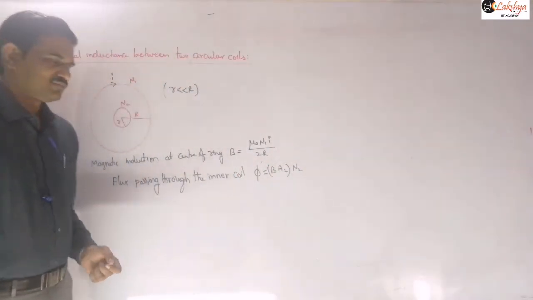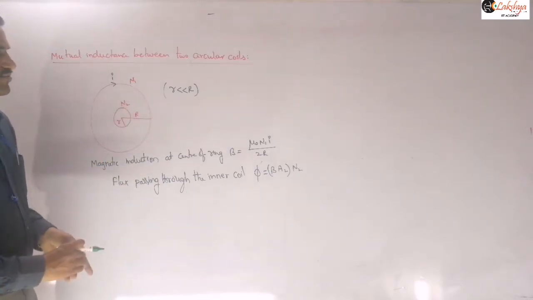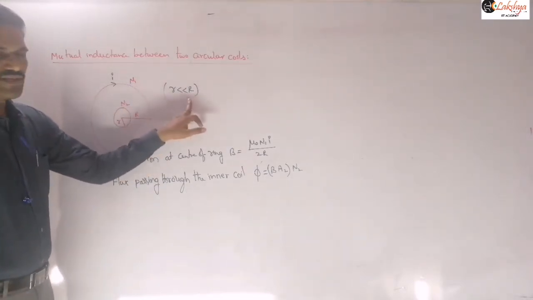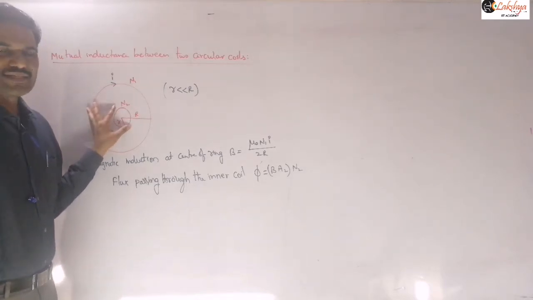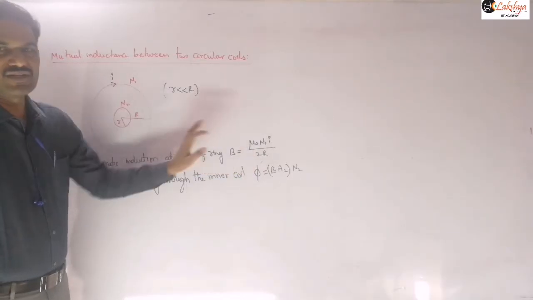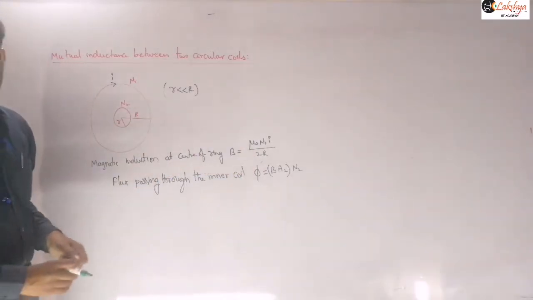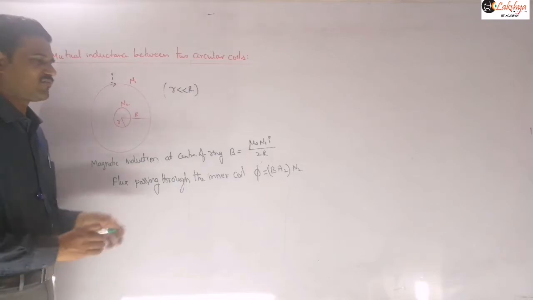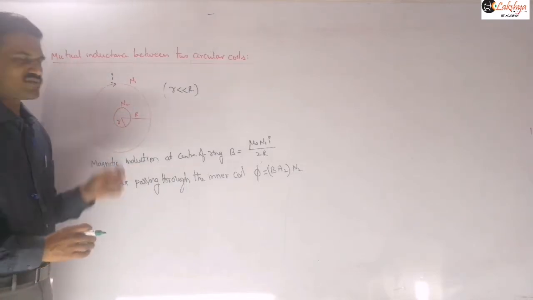As we are assuming the radius is very small, this area is very small, and so you can consider an almost uniform magnetic field here. The same field is acting throughout that coil under this condition. Is it clear? That is the importance of this condition: the field is assumed to be uniform over this cross section.